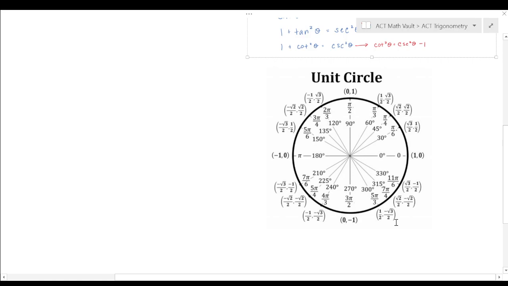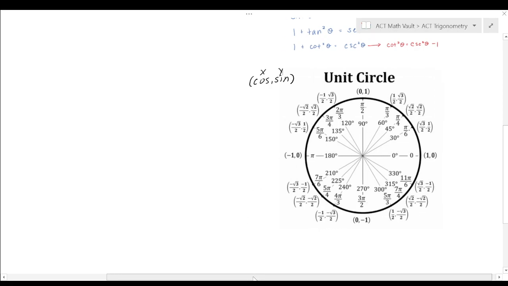And that demands us to know this, that cosine is always the x and sine is always the y when we go around. So the sine is -1 right here and no other place. So some of these problems will have 2 answers, but this one only has 1.